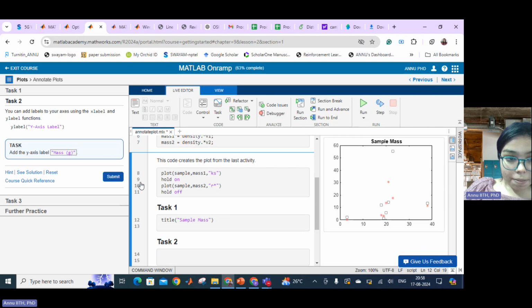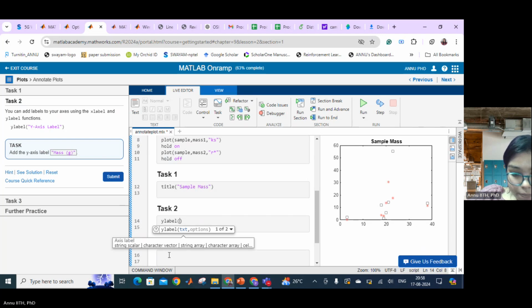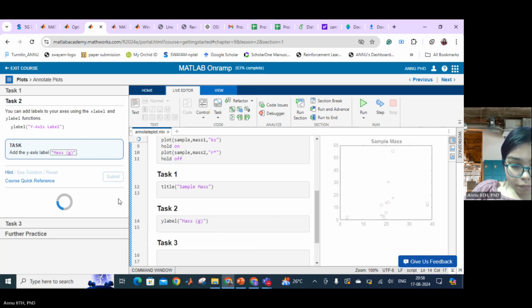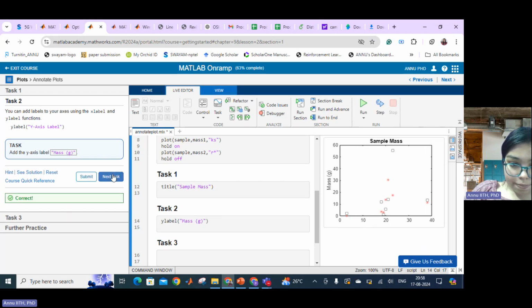Now we can have extra labels, X label and Y label also. So let's say X label. It is asking Y label, right? So Y label is, so yes, X Y label is passed.